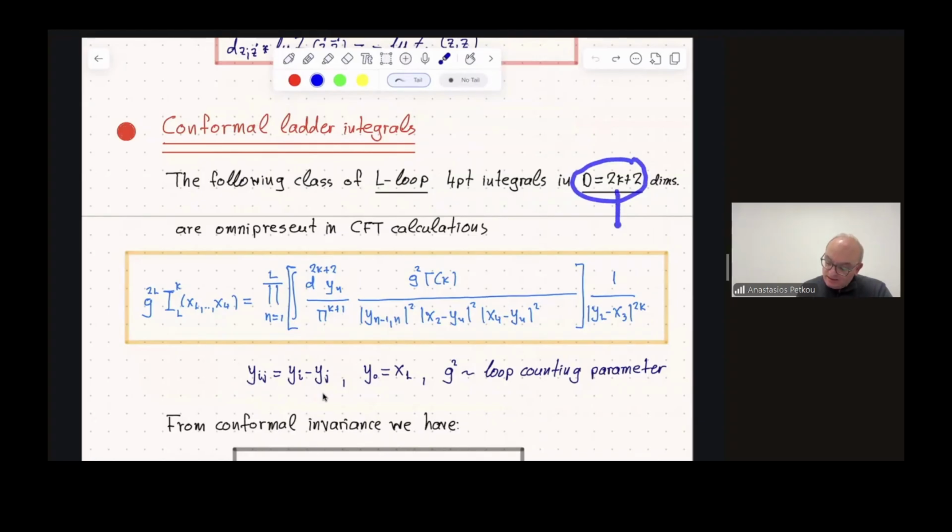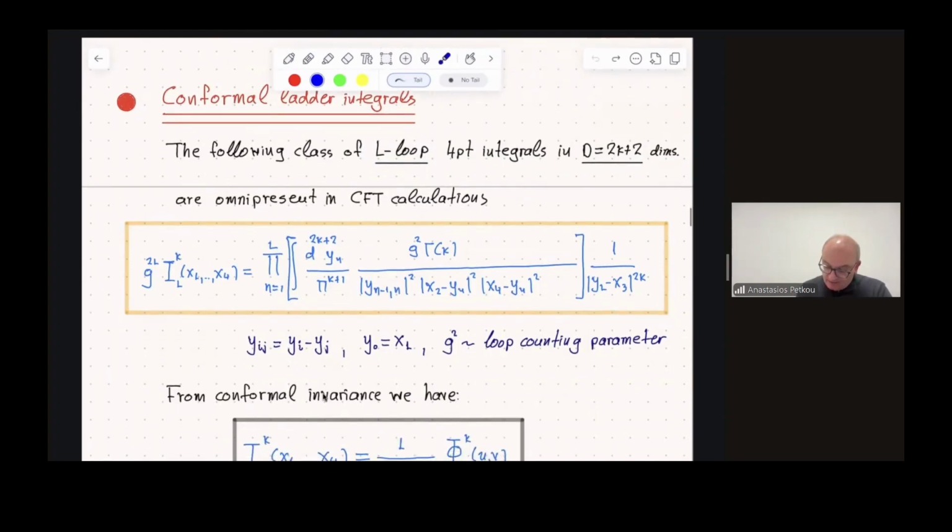K is the same k that I denoted depth before. And L loop is the same L that I denoted above, as you will see below. So my integral is in even dimensions. And these are the integrals that appear in calculations, in particular in 2 and 4 dimensions. These are the integrals that people have calculated.